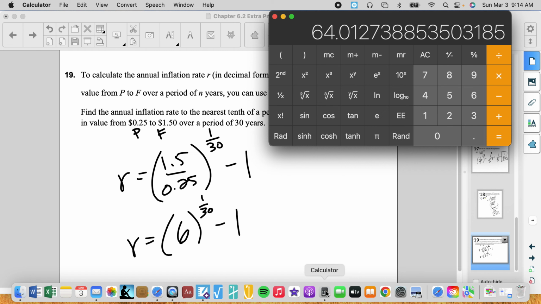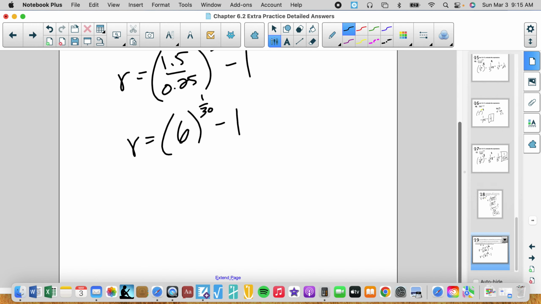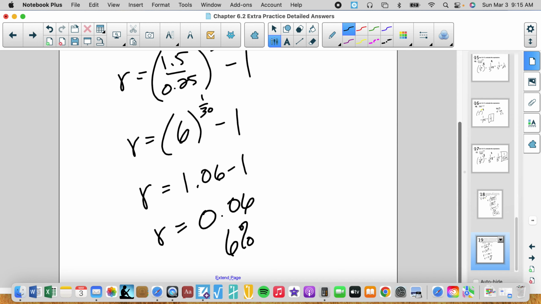So we'll do 6 to the 30th root. Oh, that's actually not so bad. 1.06. R equals 1.06 minus 1. So the rate equals 0.06 or 6%.